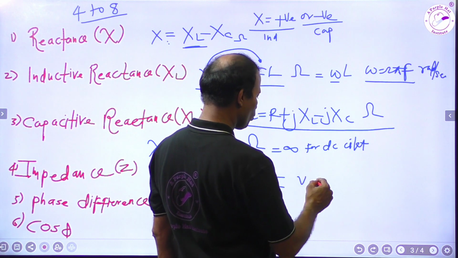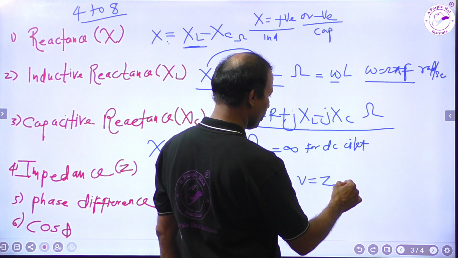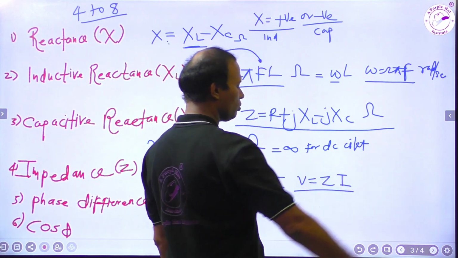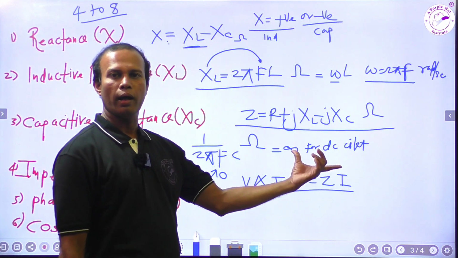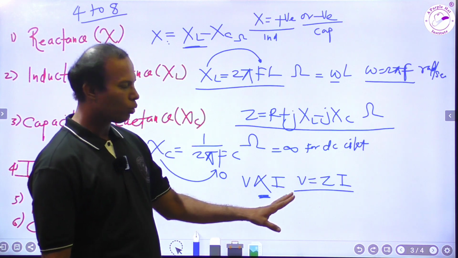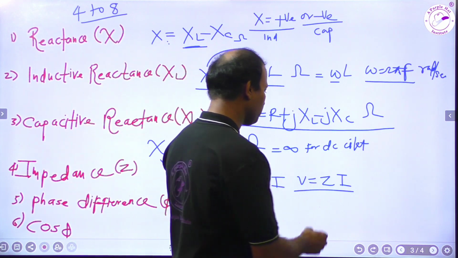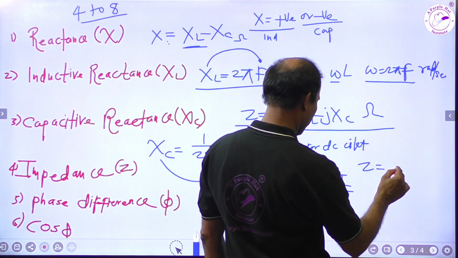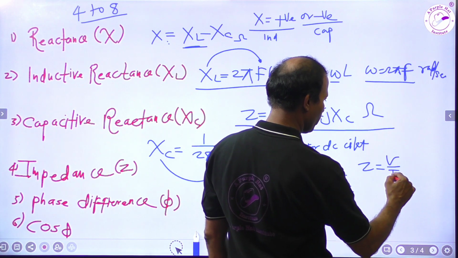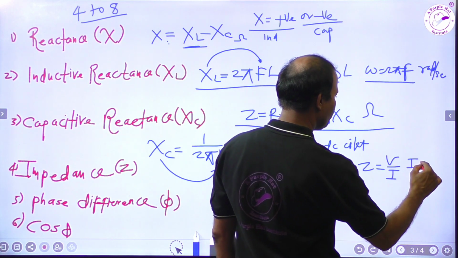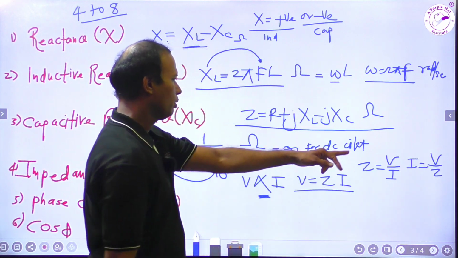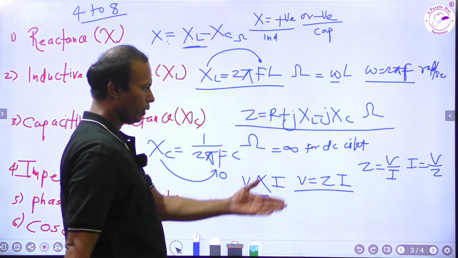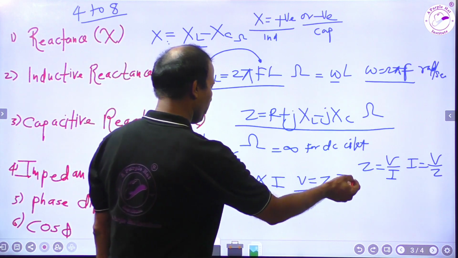So V equals Z times current I. So this equation you can utilize throughout for finding impedance, current and voltage. Any unknown, you must use this relationship. So if I want Z, I can find it as the ratio V to current I. If I want I, V upon Z, I will get current also. So this is important, impedance.